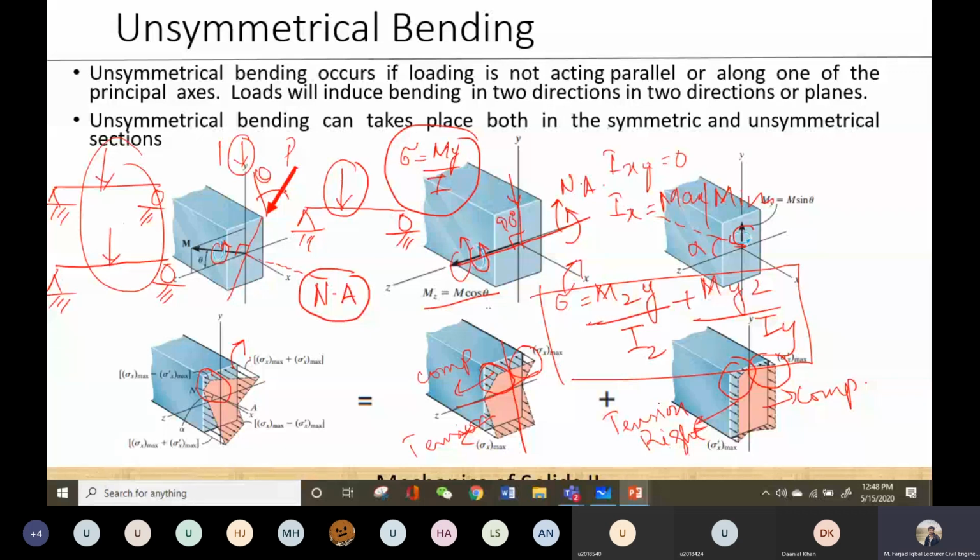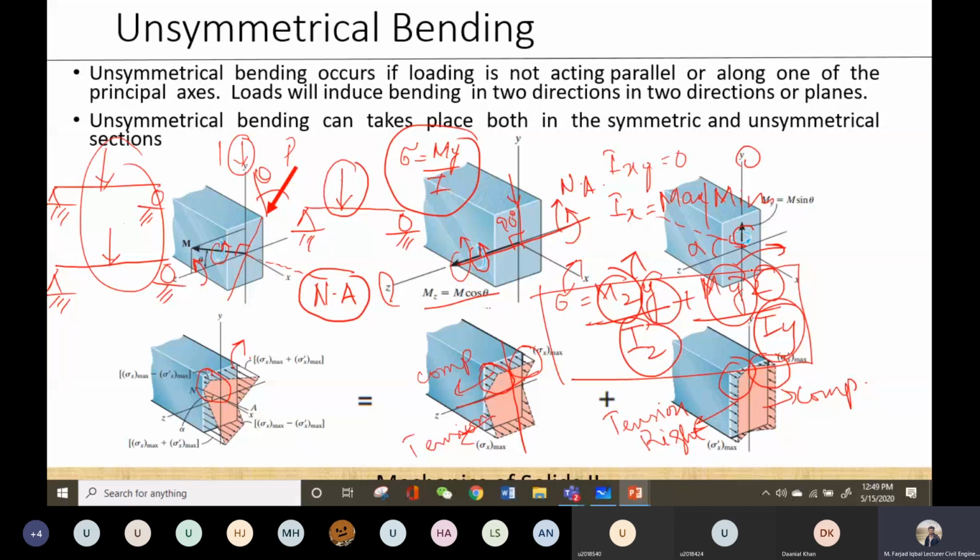Why is that? Because first you apply the load, moments are produced, and then the neutral axis comes into place. When the moments are produced, we resolve them into two components, in this z direction and this y direction. The neutral axis is the one around which the bending stresses are zero. So there are many factors that come into place now: this moment, this y distance, this Iz; this moment, this z distance, this Iy. We need to find the plane where both of these stresses are zero.